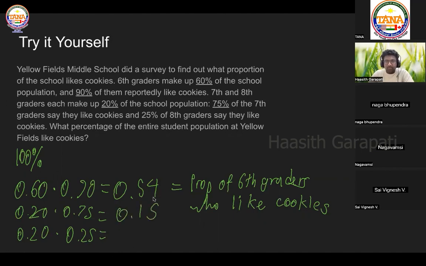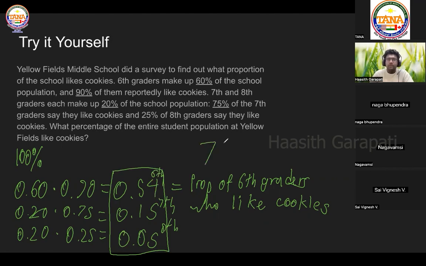And then down here, that is going to be 0.05. Therefore, these are the percentages: this is the sixth grade percentage, that's seventh grade, this is the eighth grade. You simply add all those percentages up and you'll find the total student population that enjoys cookies, which is going to be 74%.